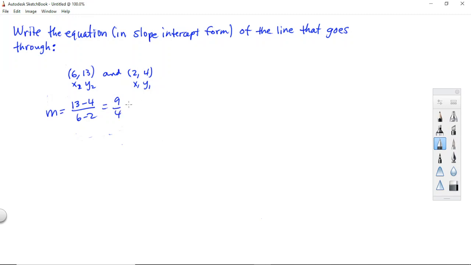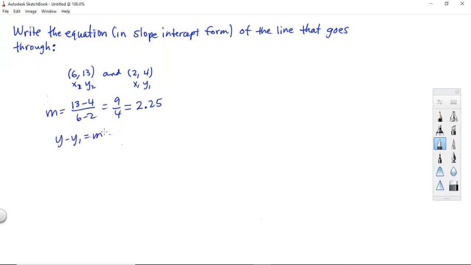So that's the slope. It's generally maybe a little easier to go ahead and write that as a decimal. So let's do that, and maybe you'll see why. So we divide 9 divided by 4, we get 2.25. So that's our slope. So now we put this into point slope form. So we have y minus y sub 1.